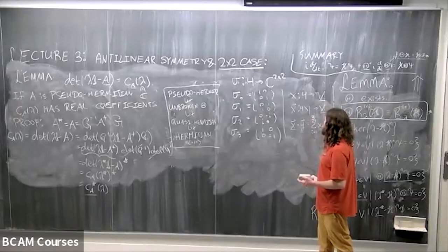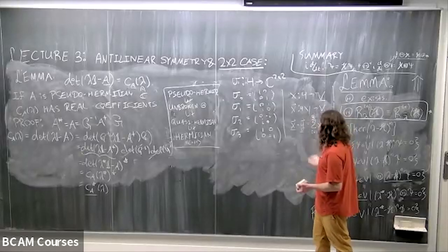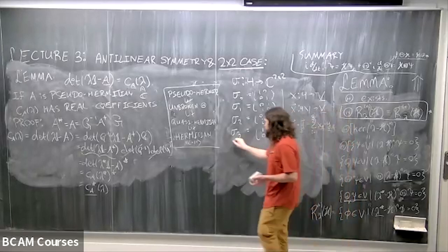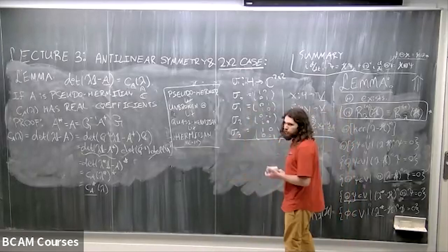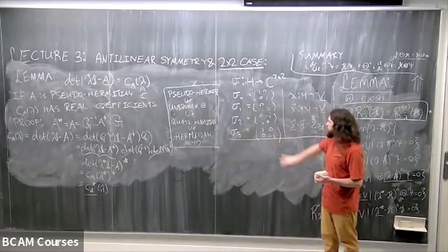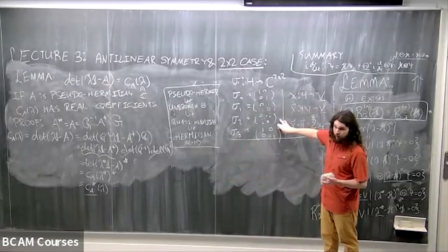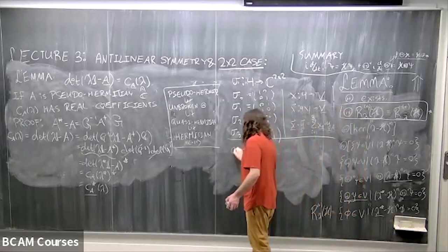The reason I bring this up is that there's some compact notation for multiplication of 2 by 2 matrices in the Pauli basis. And that's as follows.